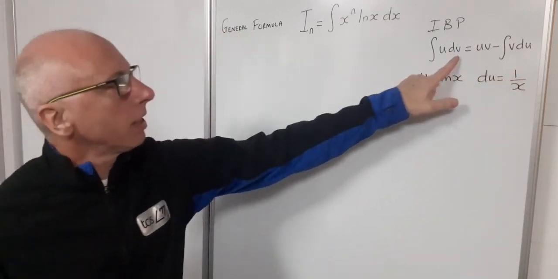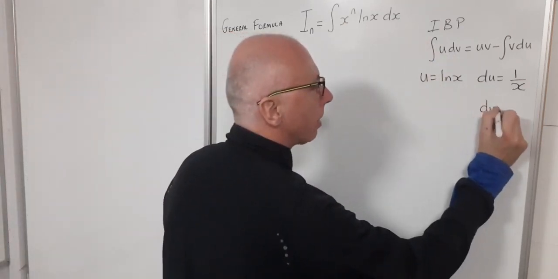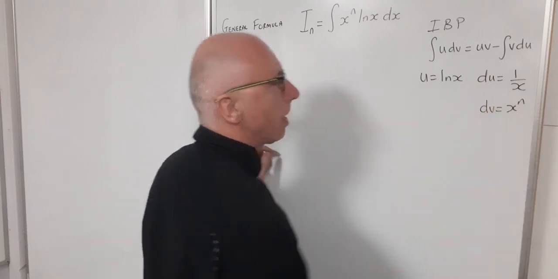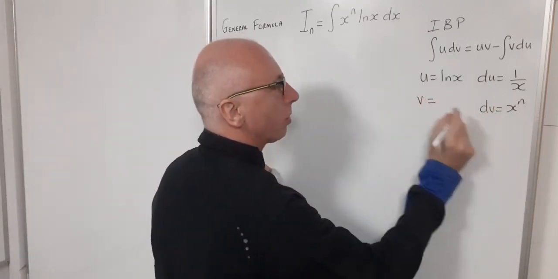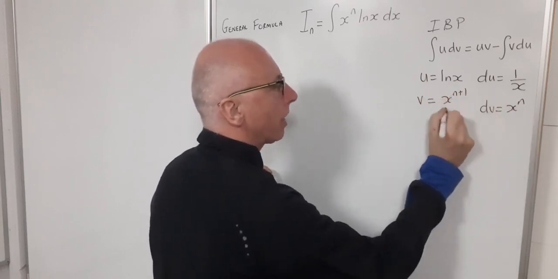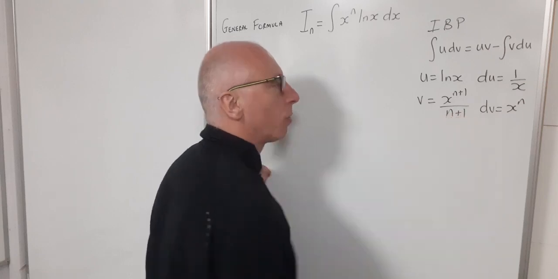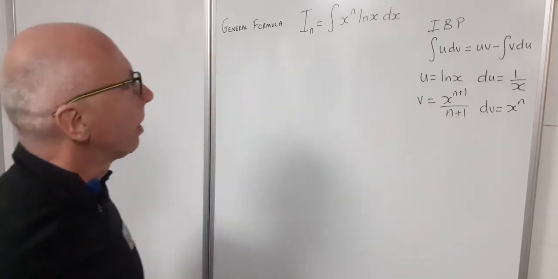Okay, so now my dv is going to be x to the n. So I'll write that here. dv equals x to the n. So to integrate that, I'll have v equals x to the power increased by 1 and divide by that new power. So that's my building blocks to get to the answer.